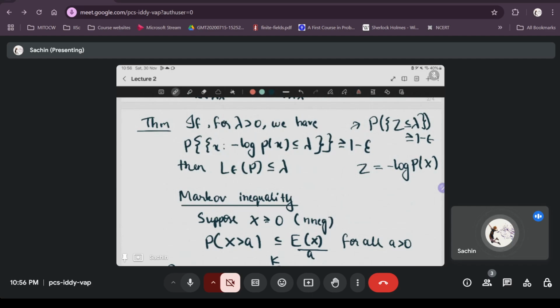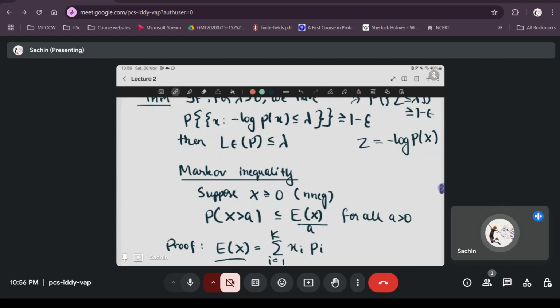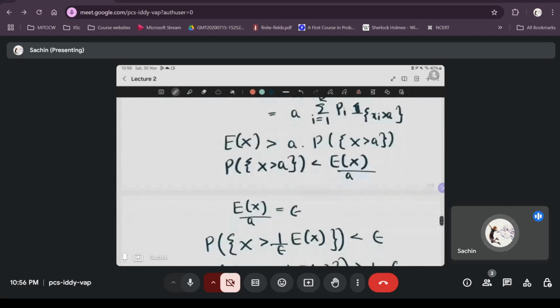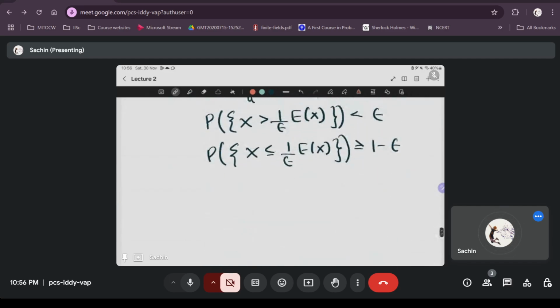P of x is between 0 and 1, so 1 over p of x will be a quantity greater than 1. So the log of that will be a positive quantity. So we can apply the Markov's inequality over z, right? Since z is a non-negative random variable.